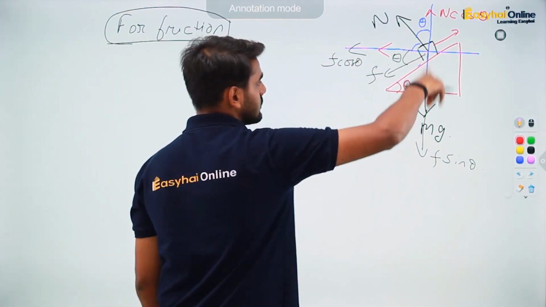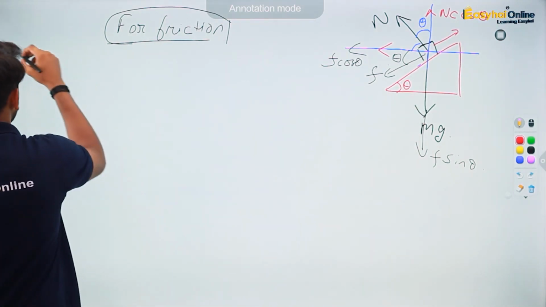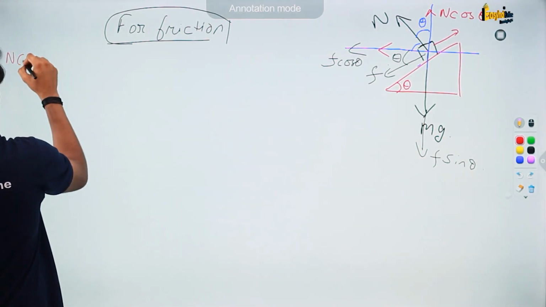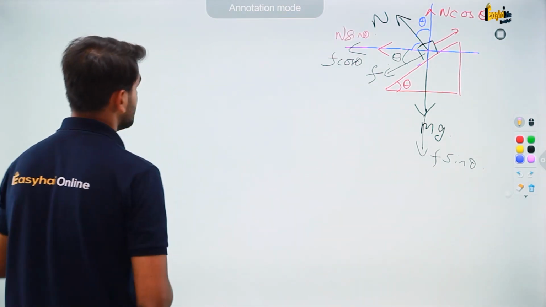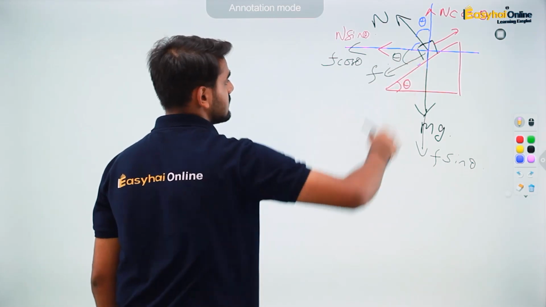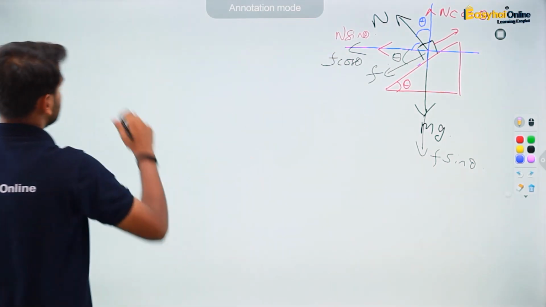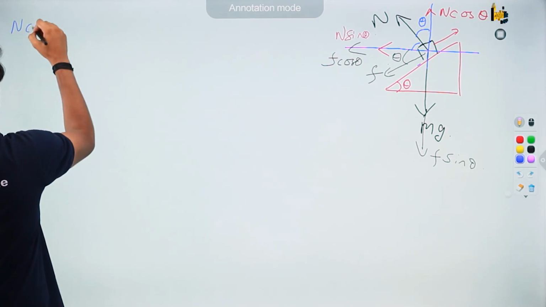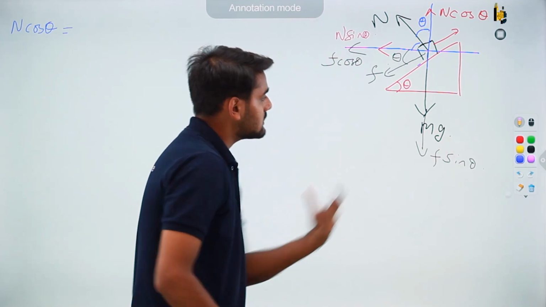Along the y direction, the forces are balanced. You can see this is going to be n cos theta. So along the y-axis, I have n cos theta, which is going to be equal to mg plus f sin theta.